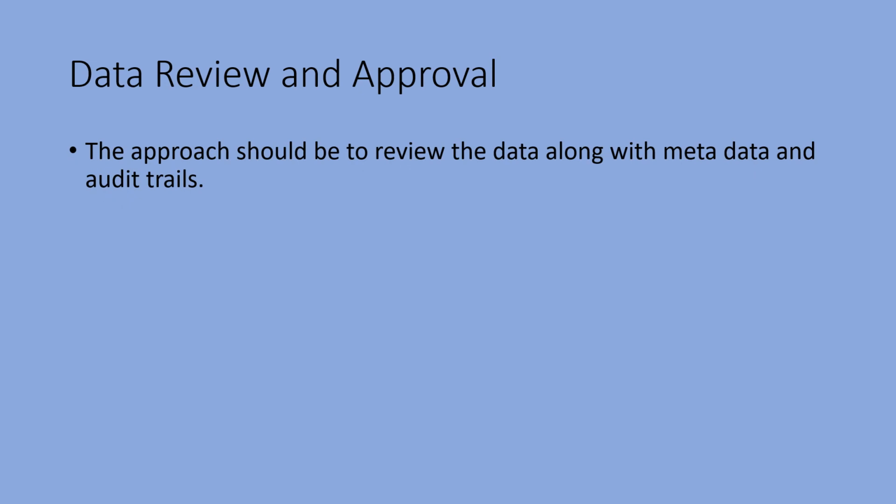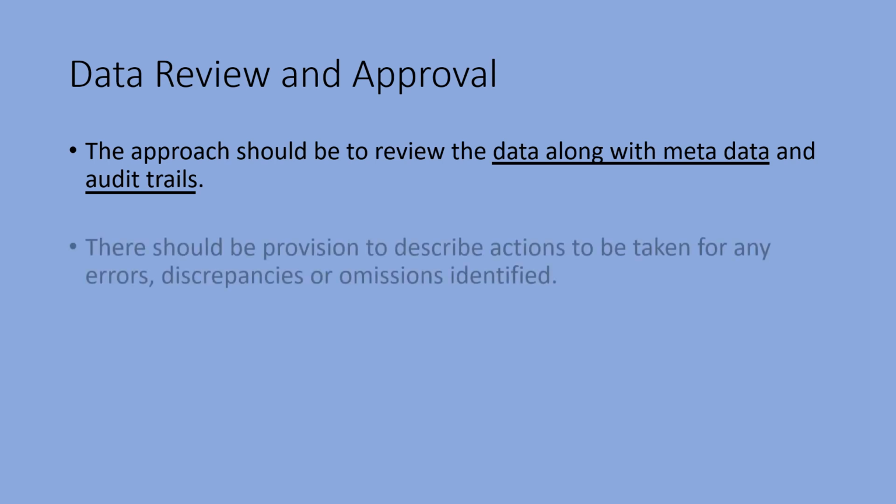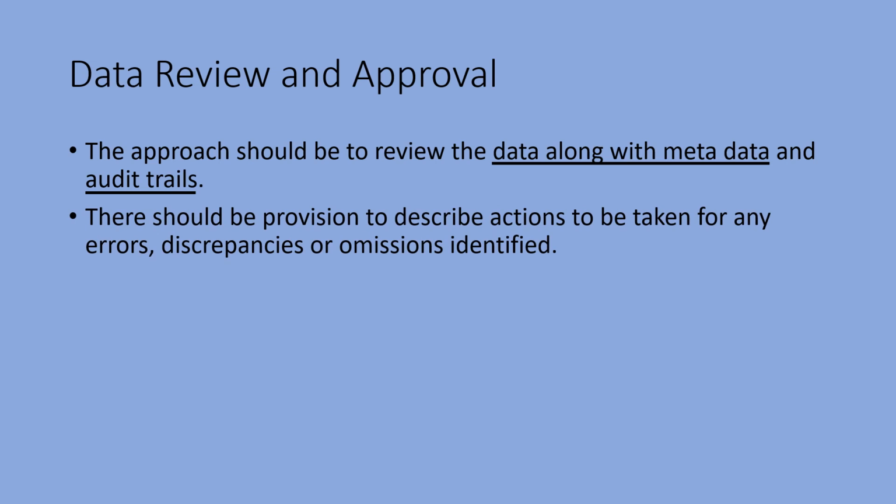Let us see how the data review and approval is carried out. The approach should be to review the data along with metadata and audit trails. The review will be incomplete and inconclusive if all the metadata is not included. Also, the audit trail is important for the timings of each operation and its connectivity to the next operation in sequence. There should be a provision to describe the actions to be taken for any errors, discrepancies, or omissions identified.